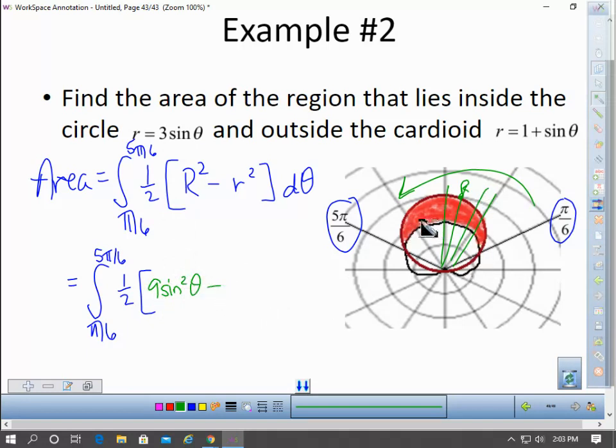Minus, and then that leaves the cardioid to be the inside little r function. Since that's a quantity, I'll do 1 plus sine theta quantity squared, and then d theta.